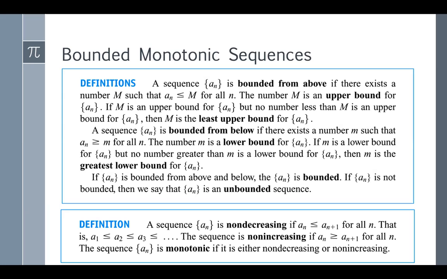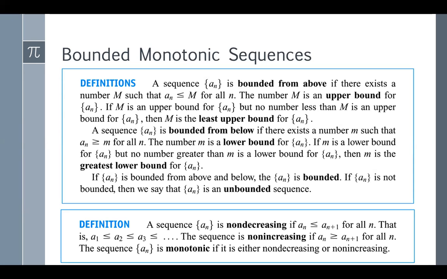I'll give you an example: the sequence 0, 0, 1, 1, 2, 2, 3, 3, 4, 4, and so on. That is a non-decreasing sequence. It wouldn't be correct to say it's increasing because it's not always increasing. Every other pair of terms stays the same. The point is that they're never going down.